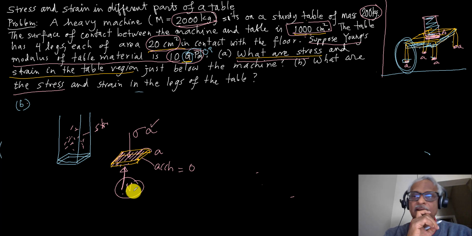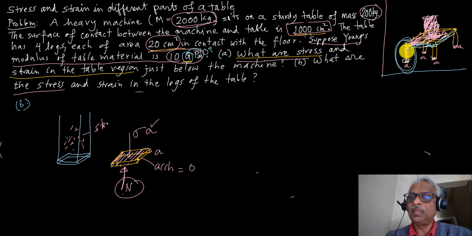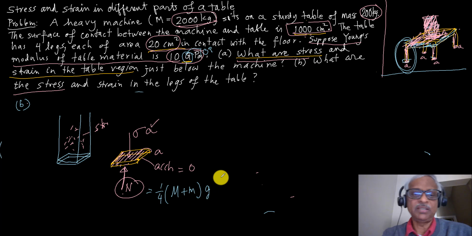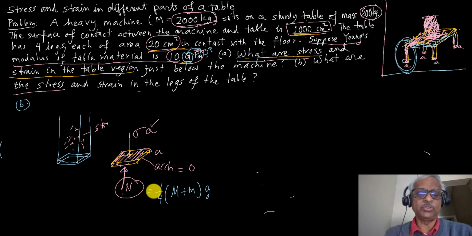Well, the weight of this machine and the weight of the entire table will be on 4 legs. So N should equal 1/4 of (M plus m)g, because the acceleration is 0.